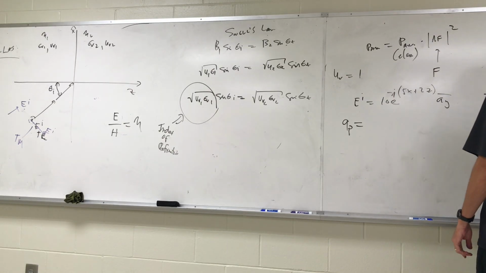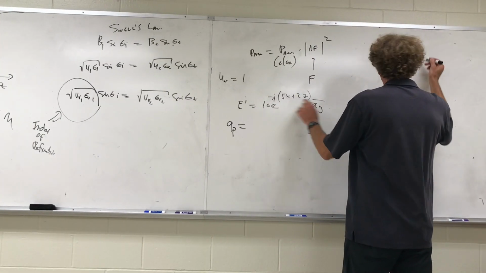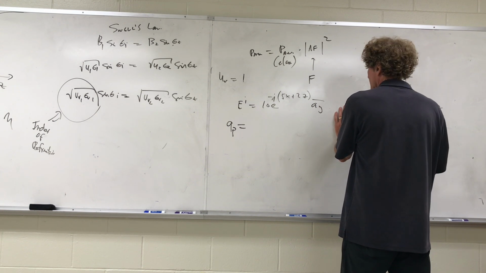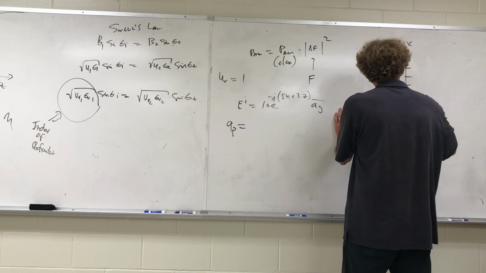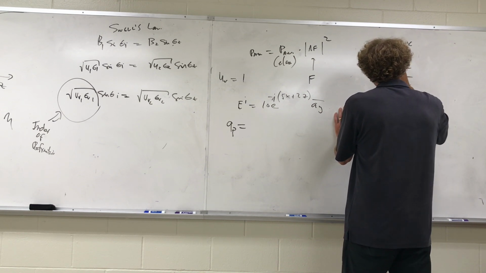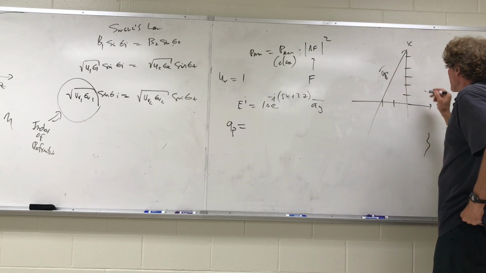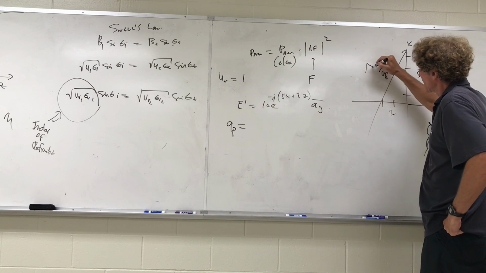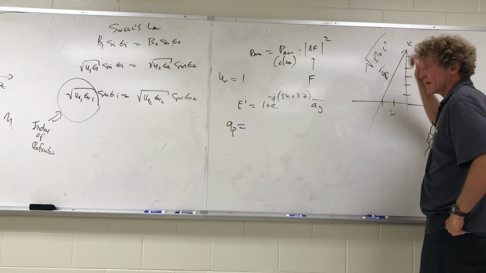I would say if this is Z and this is X, I go up 5 units in X, and I come over 2 units in Z, I'm going this way, and I draw this, and this would be my direction of propagation. If this is 5 up and 2 over, this has to have a hypotenuse of the square root of 5 squared plus 2 squared, right?